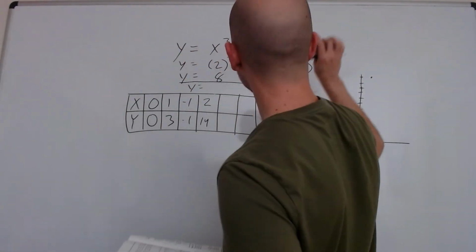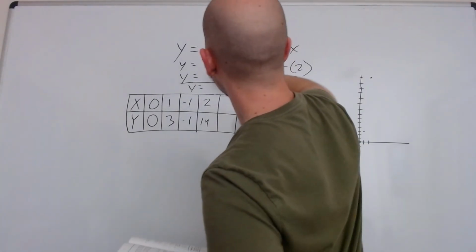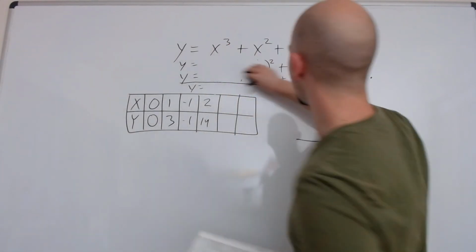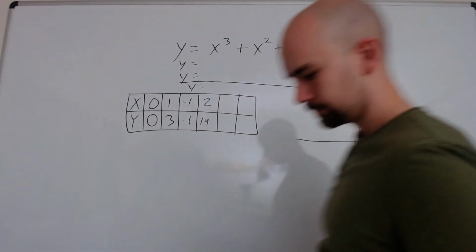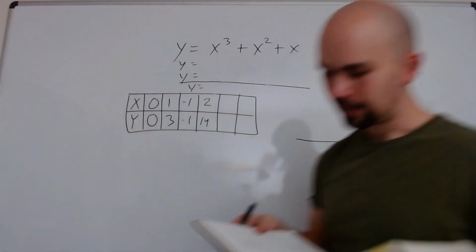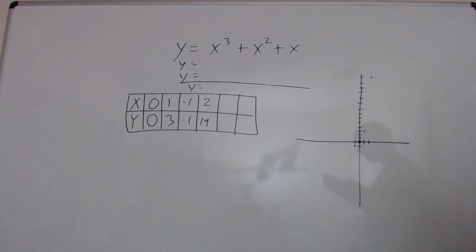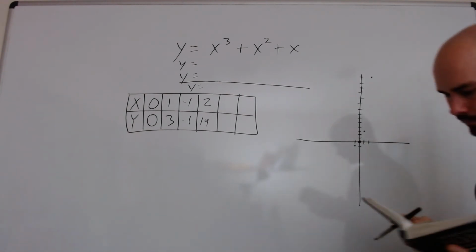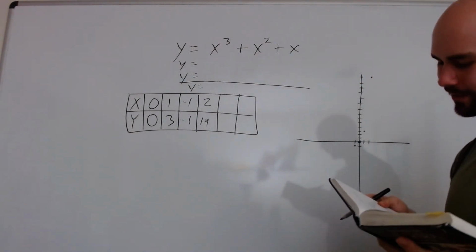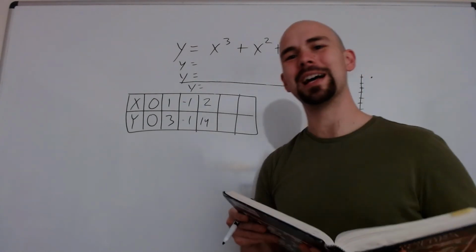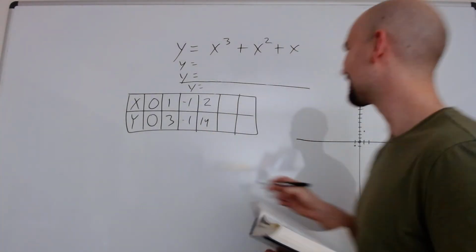And we'll try -2. Now it does say in this problem, let one unit on each y-axis represent 10. Oh, right, okay. So in other words, this is going to get really big really fast. They want you to use increments of tens.